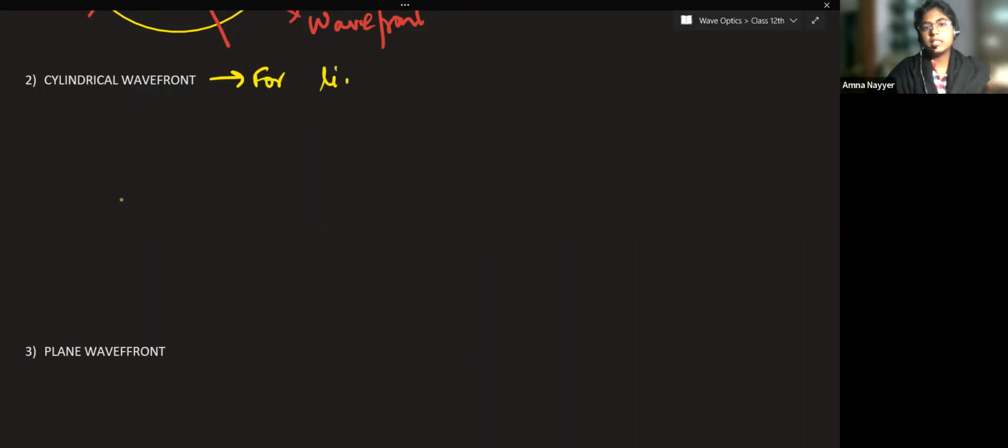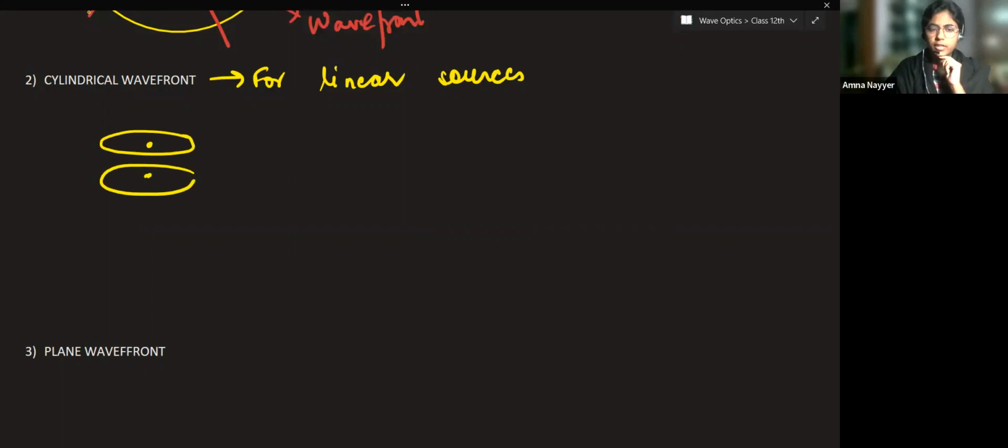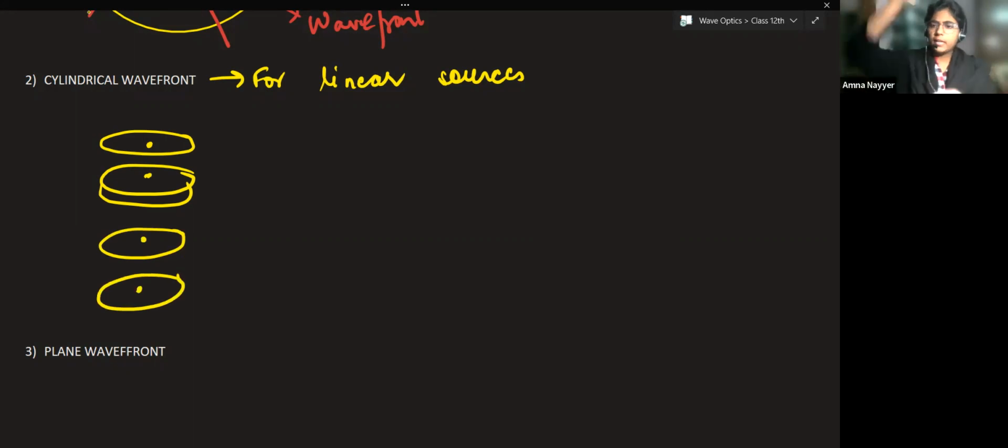So for a linear source, now see, this is one point source with its spherical wavefront, right? One more with its spherical wavefront. If you keep them together, it will look like a pile of coins. The coin will appear at the center, and you will have the source around it, that is the spherical wavefront. These are all the point sources. Accumulate all the point sources together.